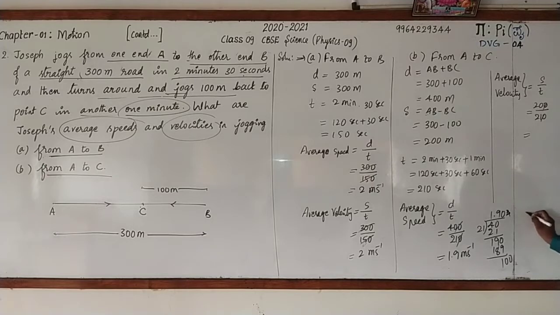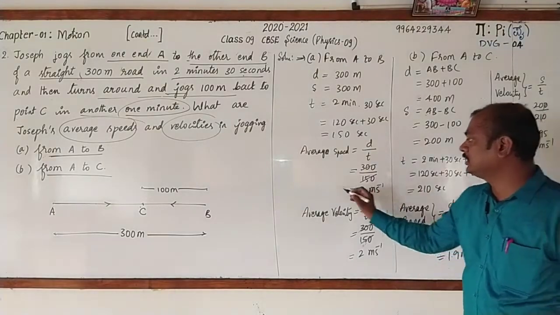Here I am dividing this. 20 should be divided by 21. 20 is not divisible, so take decimal and 0. 200. Again take 9. 9 ones are 9, 9 twos are 18. 189. It will be 11. Then take 1 0. 21 5s are 105. 0.95. 0.95 meter per second. Got it?